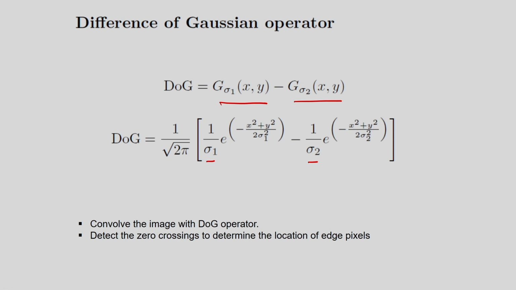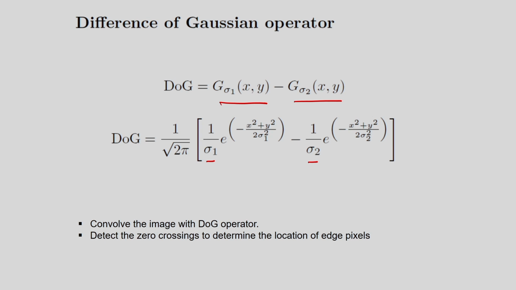Convolve the image with the DoG operator, the difference of Gaussian, and again detect the zero crossings to determine the location of the edge pixels. The concept is very similar to the LoG operator, but here I am considering two Gaussians.